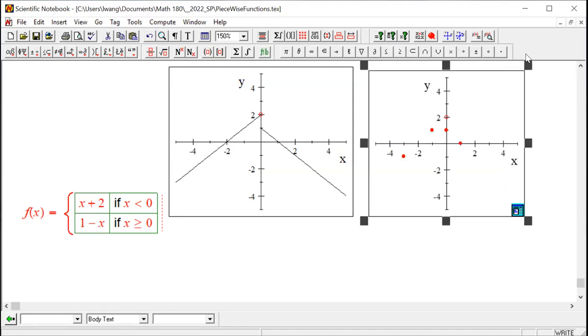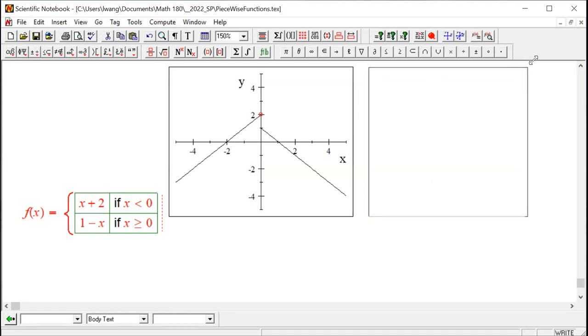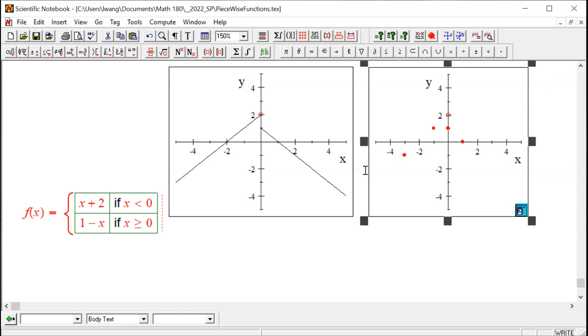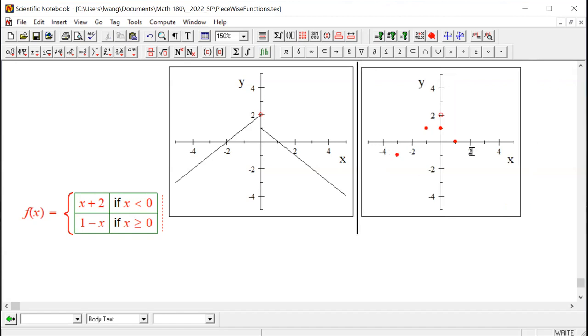I do want to show you that. So this is the result of connecting the dots. What we have done earlier is something like that. So this is the piecewise function. In your calculus class, you're going to be studying these kinds of piecewise functions.